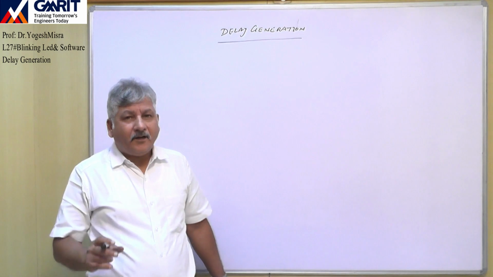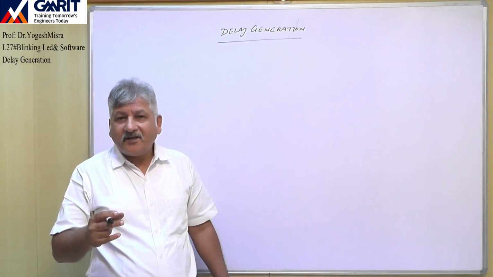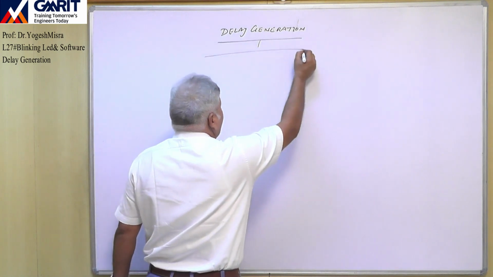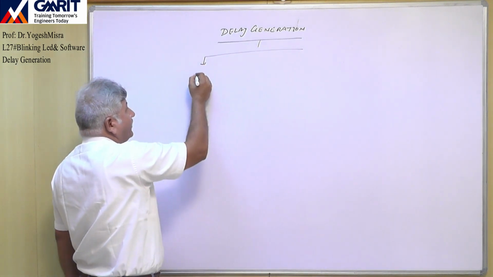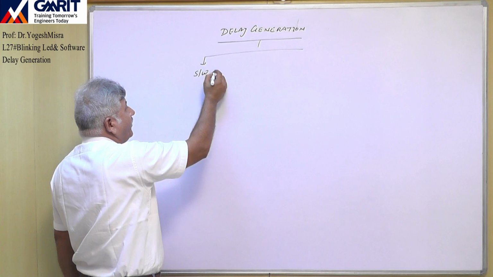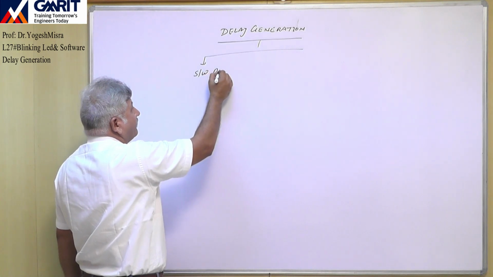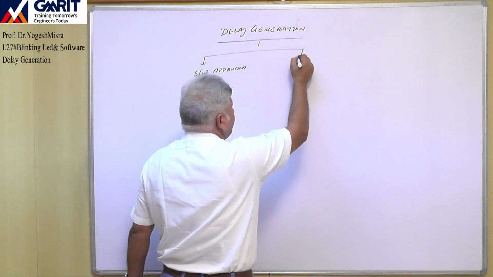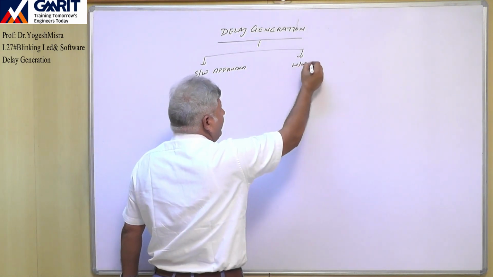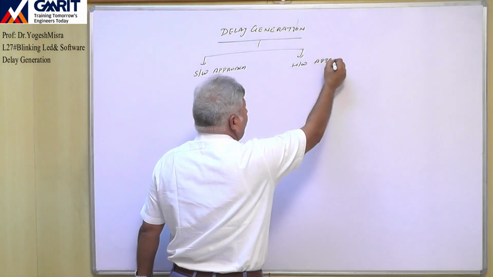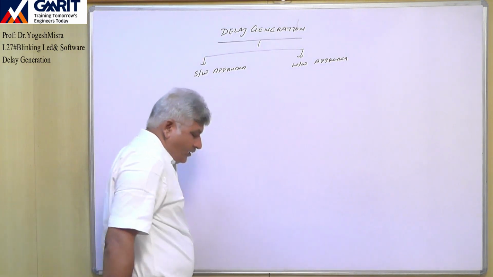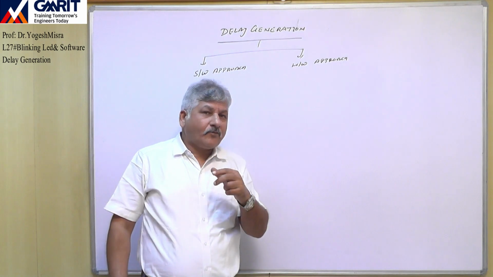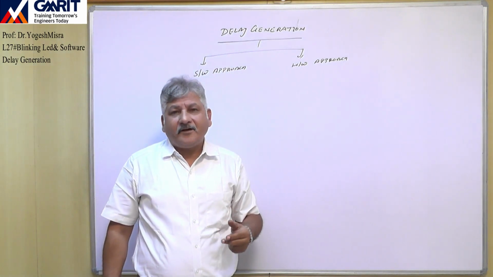Basically there are two methods to generate delay. One approach is called the software approach, and another approach is the hardware approach. In the software approach, with the help of software we will generate delay.